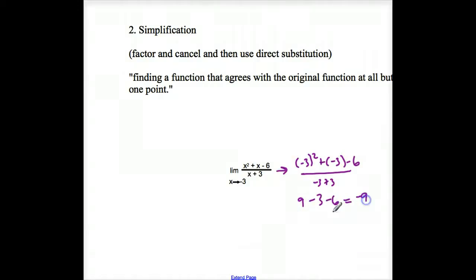So we get 9 minus 9, which is 0 on the top, and 0 on the bottom. So this limit appears to go to 0 over 0, which is what we call an indeterminate form.